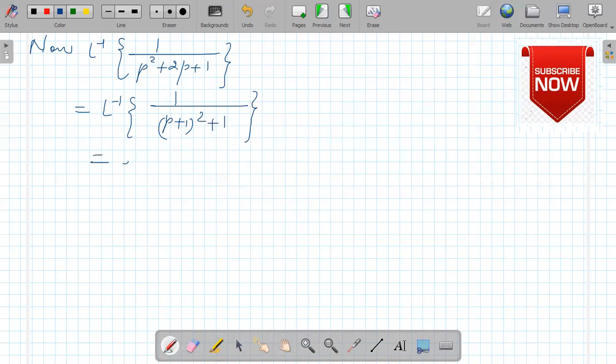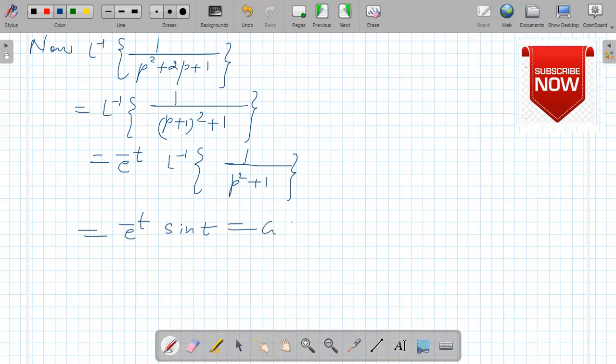By the first shifting theorem, this is e raised power minus t into the Laplace inverse of 1 upon (p square plus 1). So this is e raised power minus t, and its Laplace inverse is sine t. So this is gt. Once we obtain ft and gt, we are ready to apply the convolution theorem on our question.